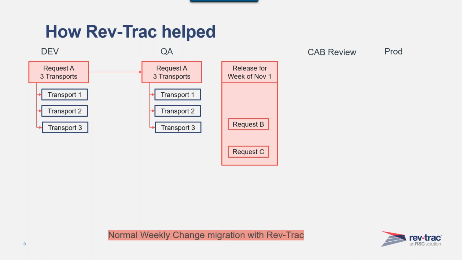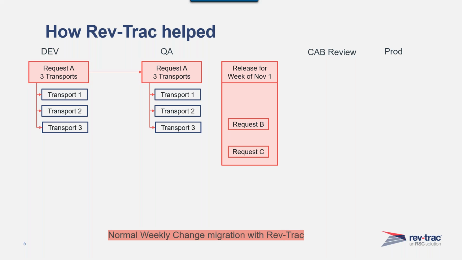Maybe right there. Yes. So this graphic is just demonstrating how Rev-Trac helped our particular situation. Instead of using that same request A with 3 transports in it as an example, with Rev-Trac, you would have one request entry within the Rev-Trac tool itself. The 3 transports would be attached to it, not as separate entries, though.